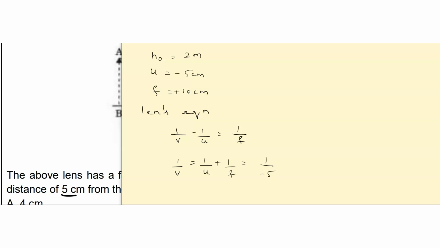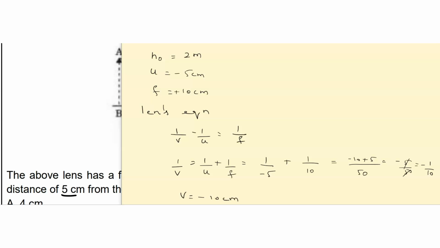U is negative 5, plus 1 by 10 centimeter. If we take the LCM as 50, you will be getting negative 10 plus 5, which is minus 5 by 50, which is negative 1 over 10. So V is negative 10 centimeter.